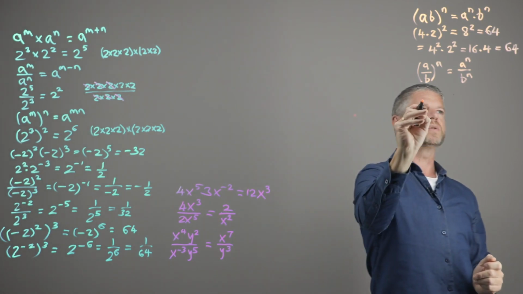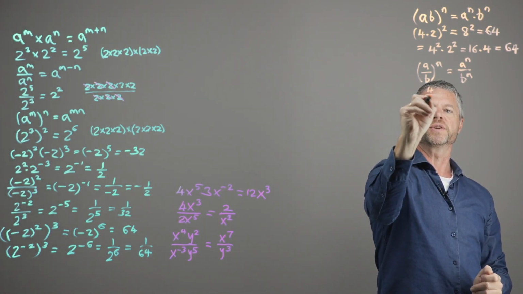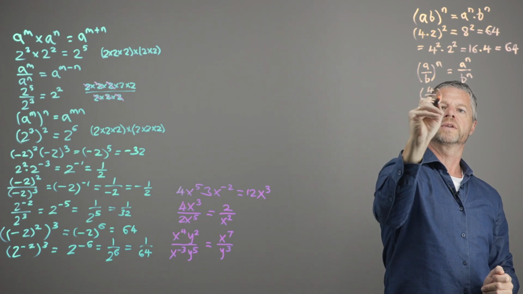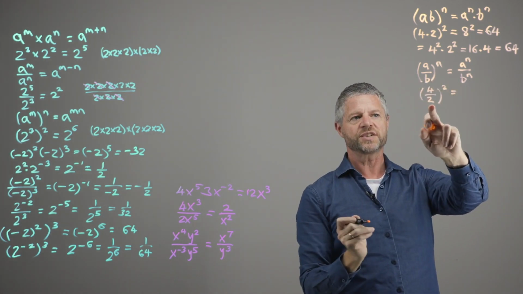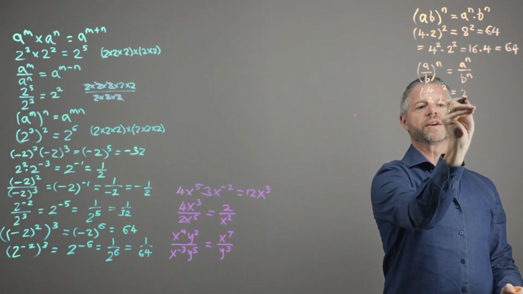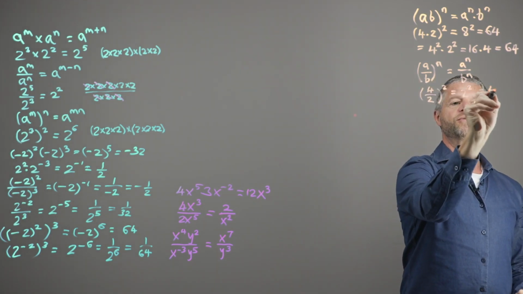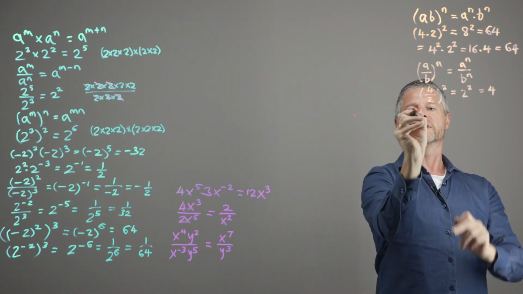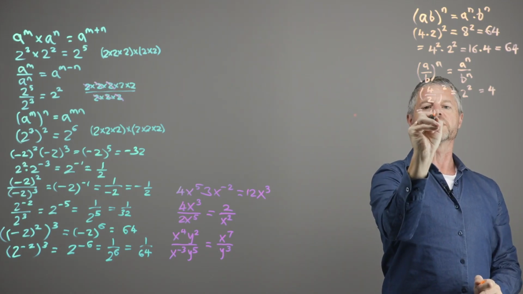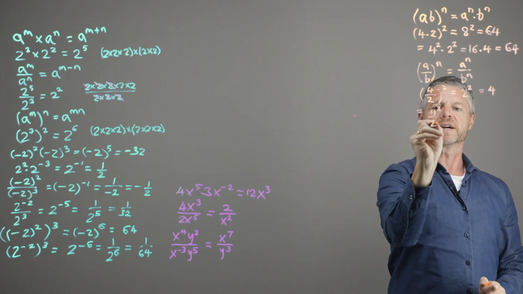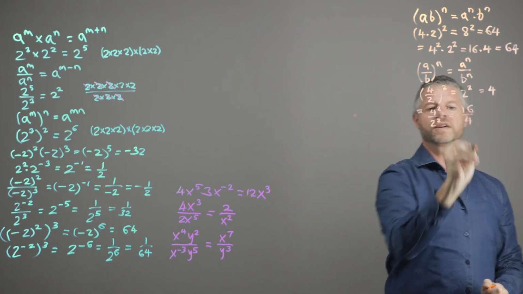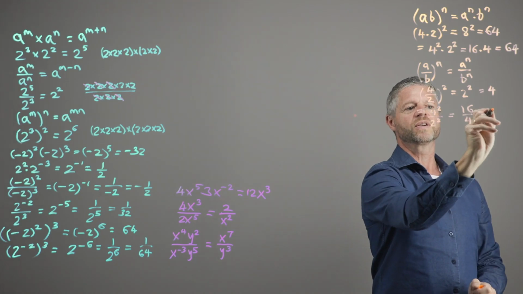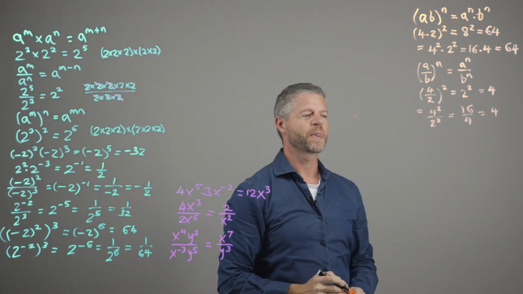So for example, if I had 4 over 2 squared, I can either do the 4 divided by 2 first, which would give me 2, and then square it. So that would be 4. Or I could do 4 squared divided by 2 squared, which is 16 over 4, which is 4.